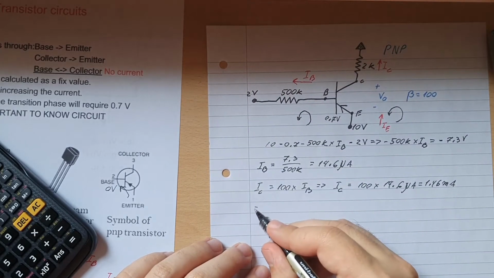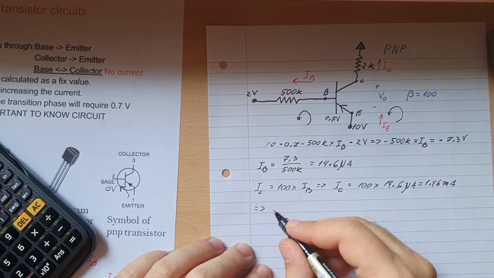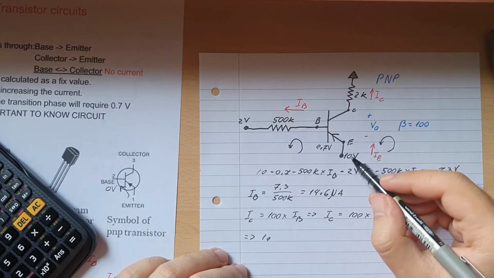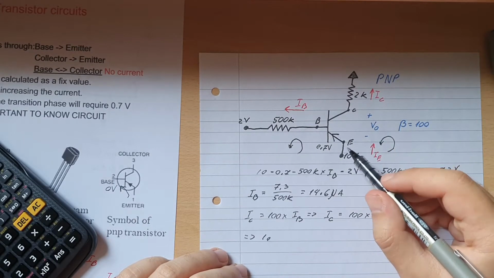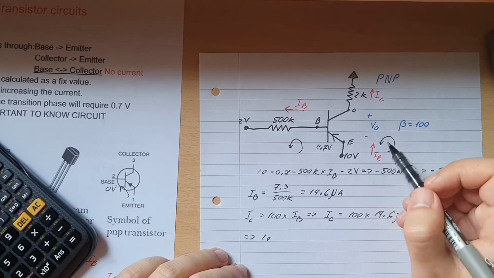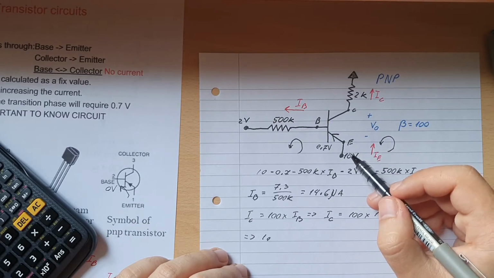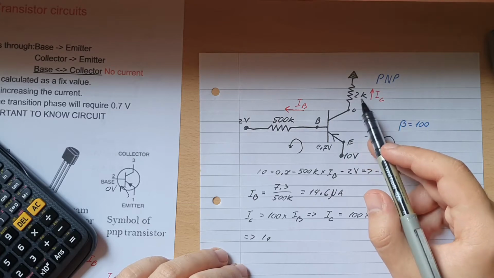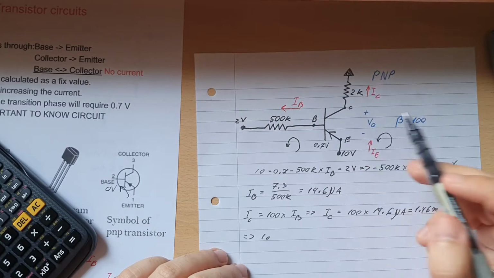Okay, so therefore we will loop this way, so that will be 10, VCE are going in the same direction, but the 2k is in the opposite direction. Okay, that's it.